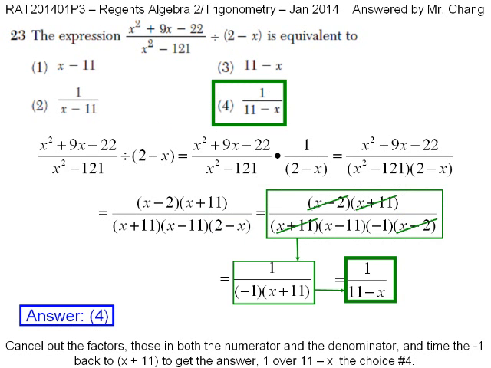Cancel out the common factors in both the numerator and the denominator, and multiply the negative 1 back into x plus 11 to get the answer 1 over 11 minus x, choice number 4.